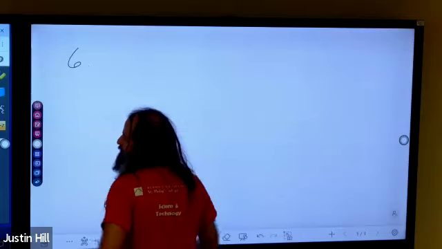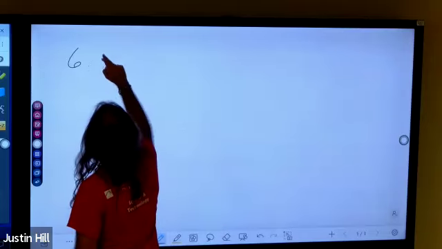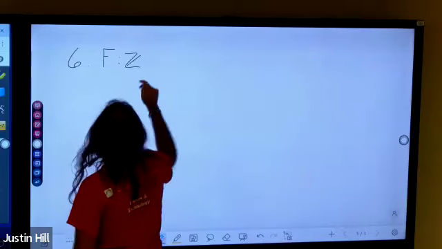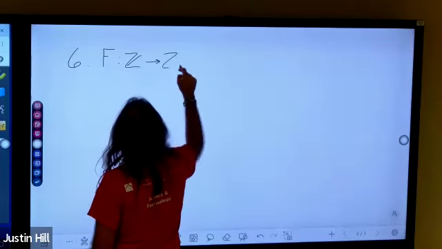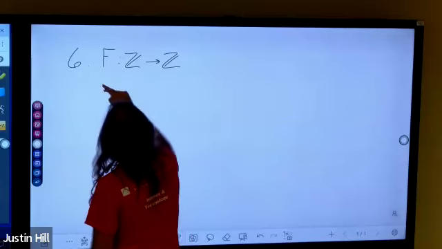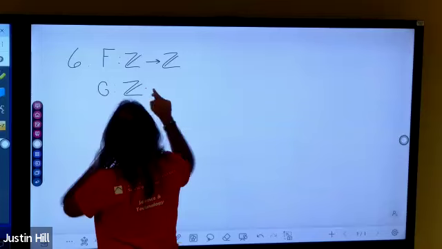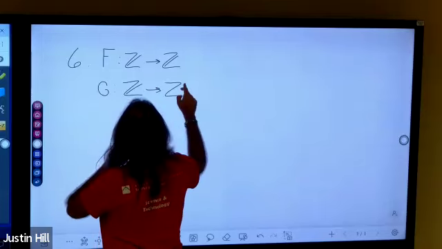So here we have two functions, f and g. f is from integers to integers, so domain and codomain are integers. And g is also defined from integers to integers.